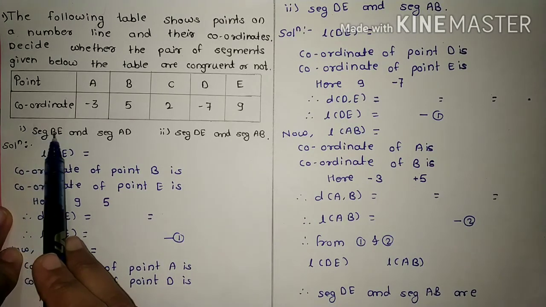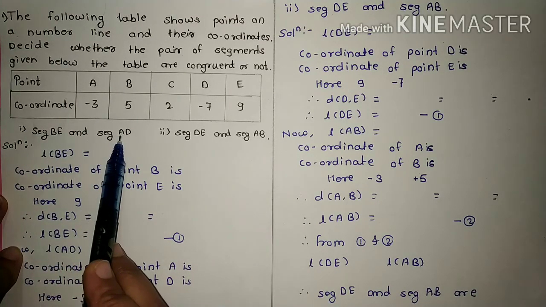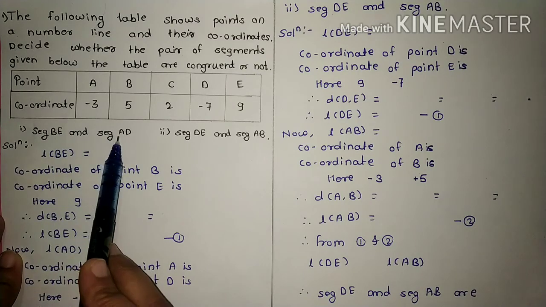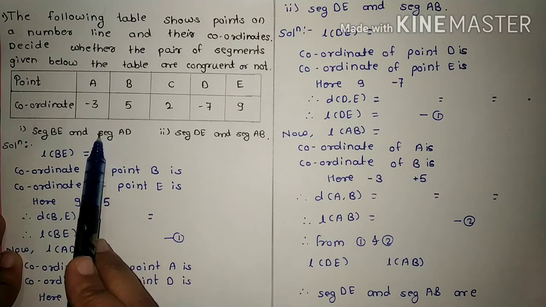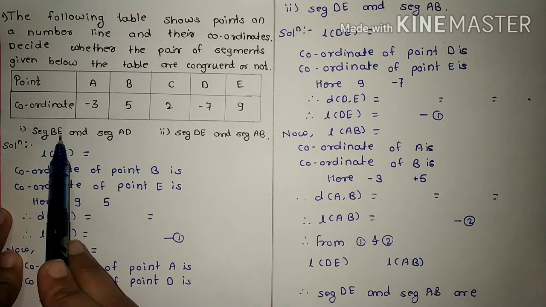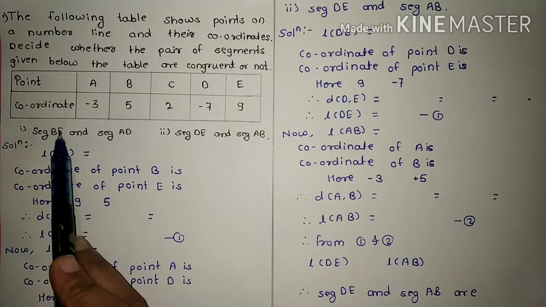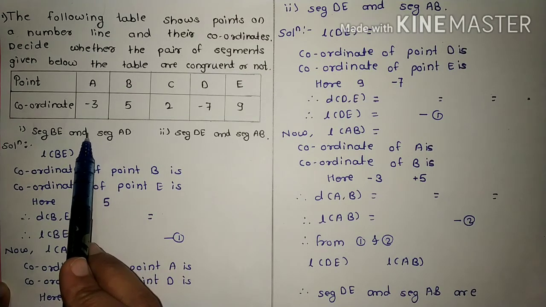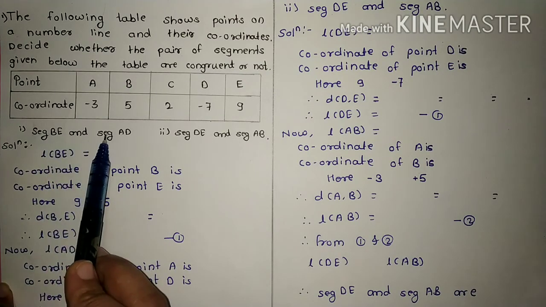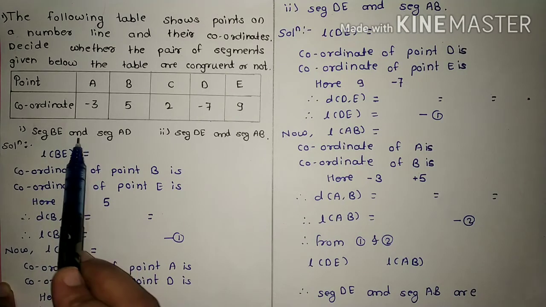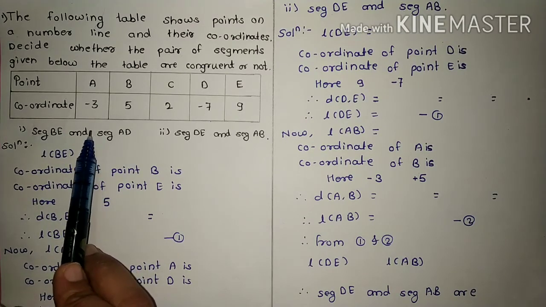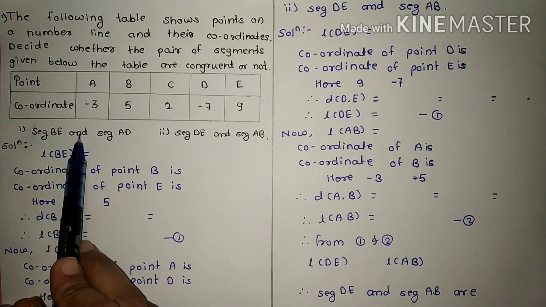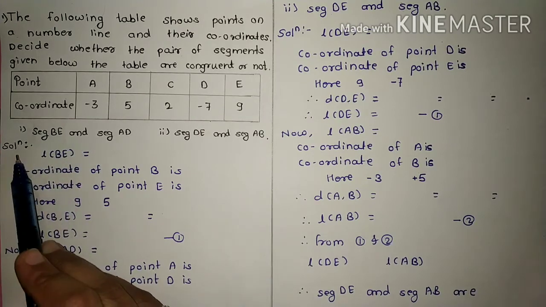First pair, segment BE and segment AD. We have to decide this pair is congruent or not. Congruent means if the length of two segments is equal, then we can say that the given segments are congruent, and if length is different, then we can say that segments are not congruent. Let's start with solution.